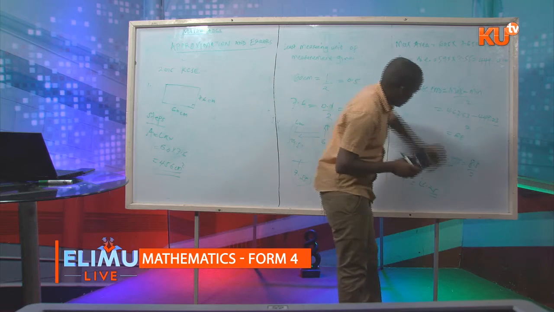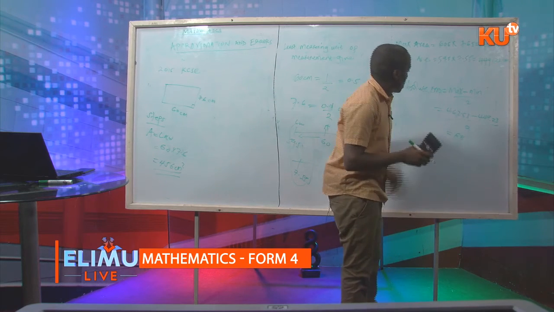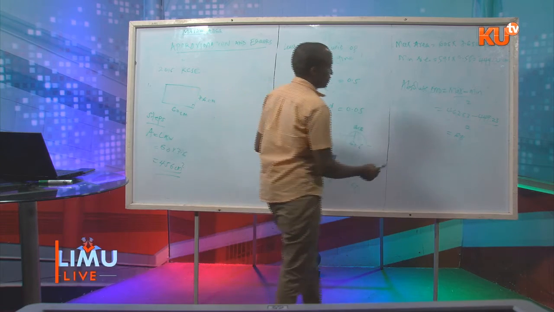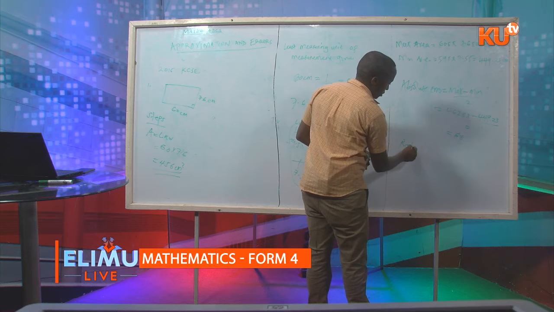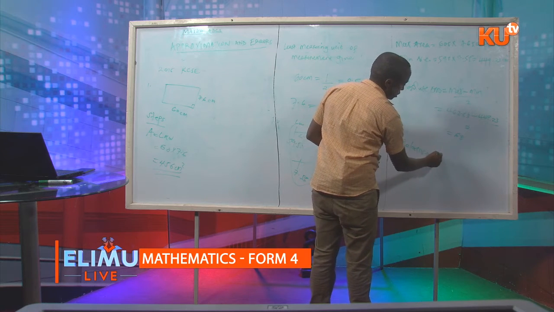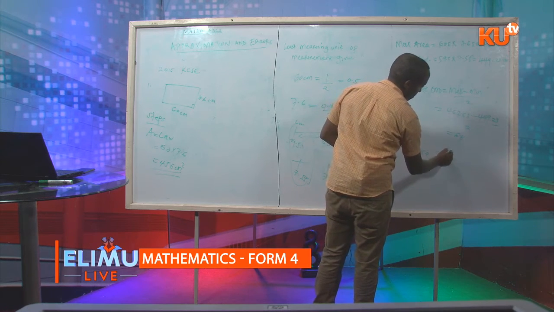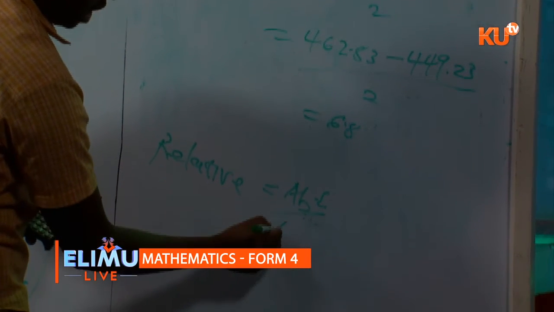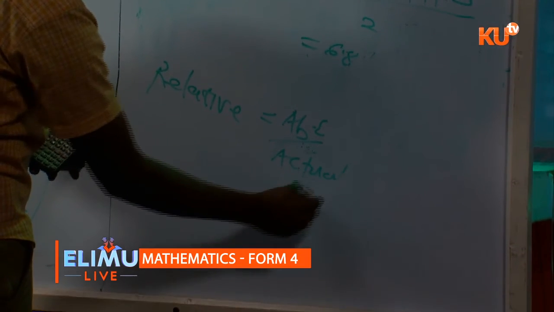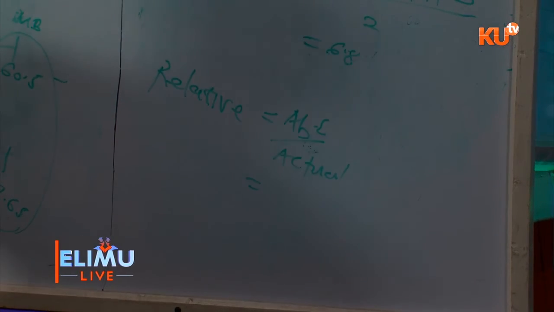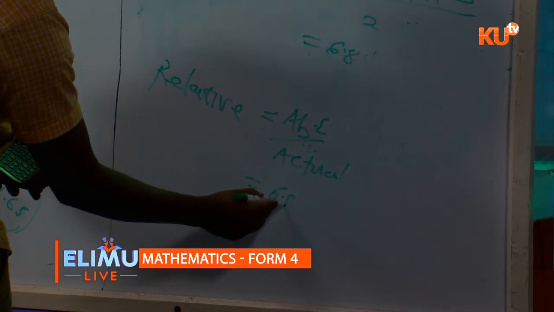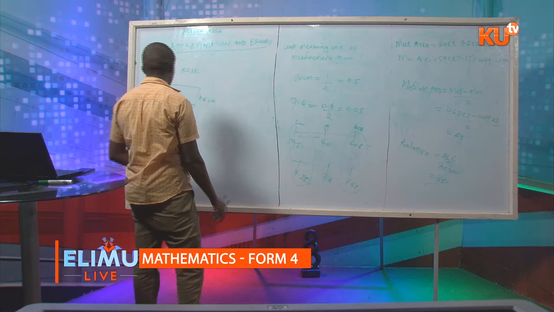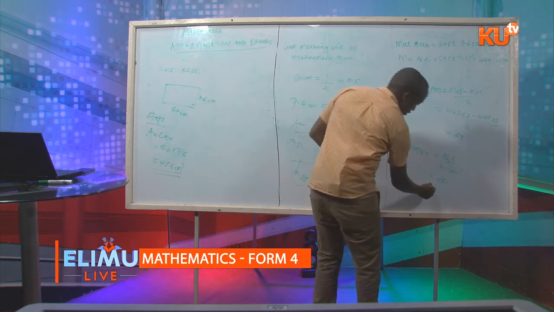So for us to get our question, it was to get the relative error that was there in 2015. Relative error is equal to absolute error divided by actual. So absolute error is 6.8 divided by the actual area. Actual area was 456.